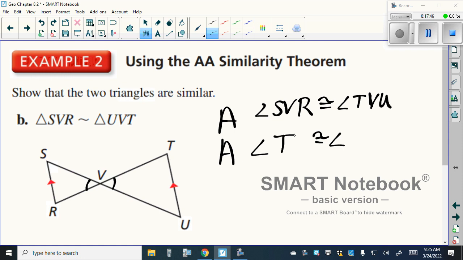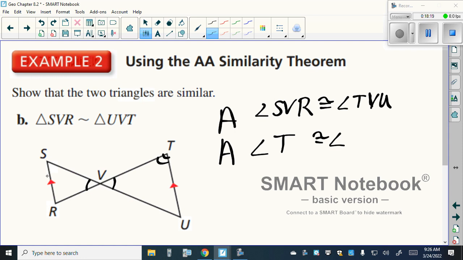Angle T and which one? So we wouldn't use TVS because TVS would be this angle out here. But I would agree with angle T. And it's using these parallel lines. That's the question.